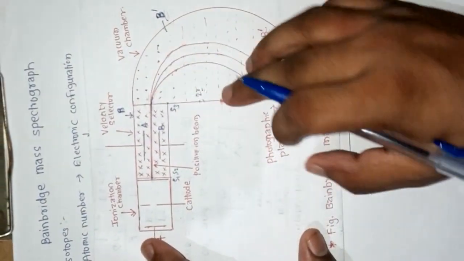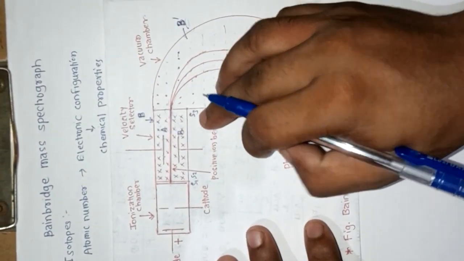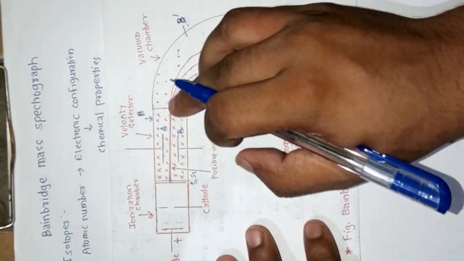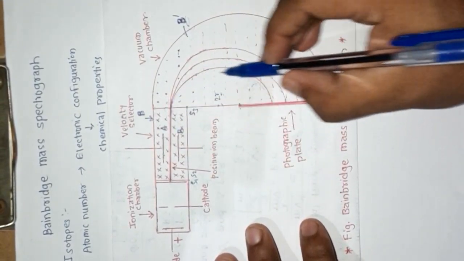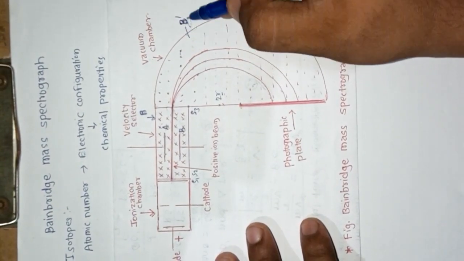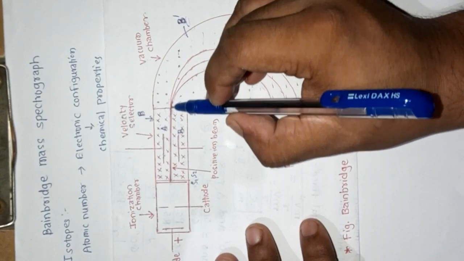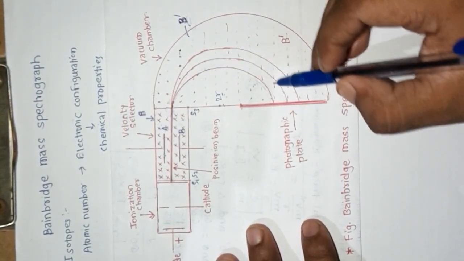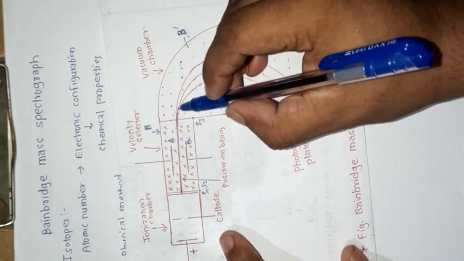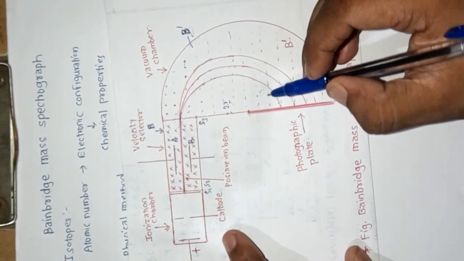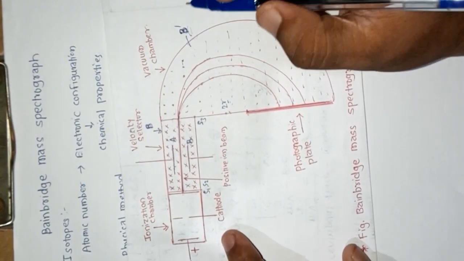Now again see this figure. When this beam passes through this slit S3 after the velocity selector, this beam comes under the influence of this magnetic field B dash, and in this magnetic field it follows a semicircular path with different radii. This circular path is provided by the magnetic force.